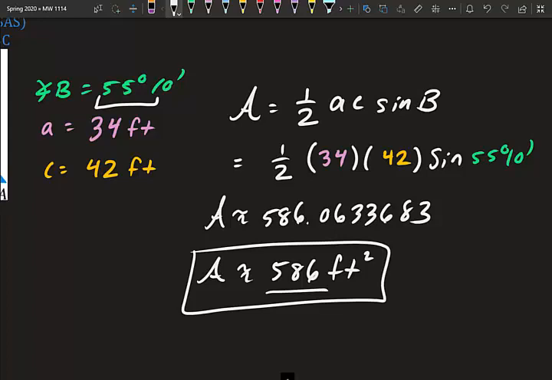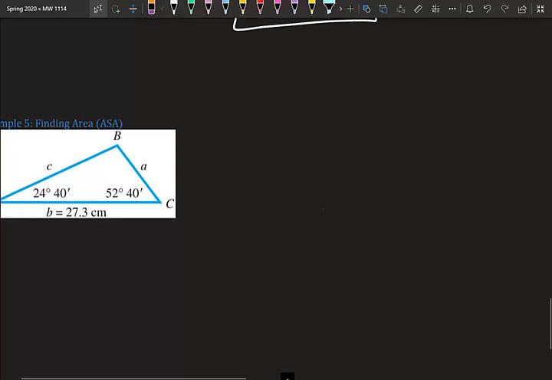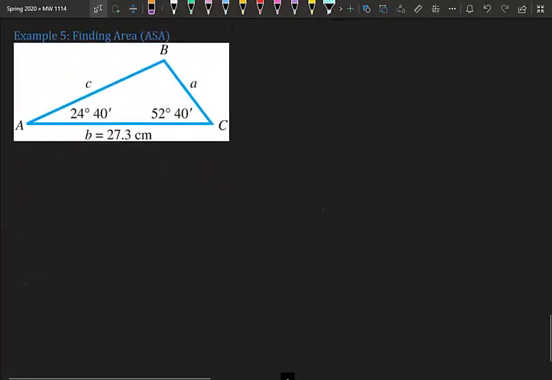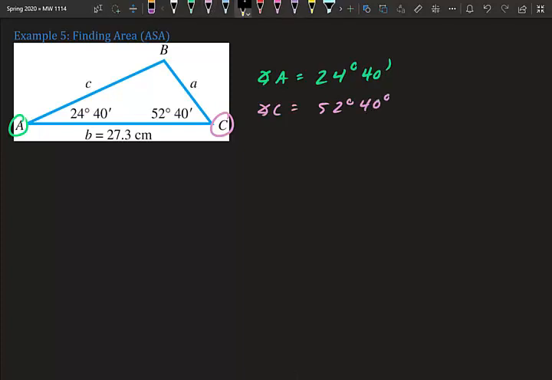Alright, last example. Alright, let's see what we're given. We're given angle A. We're given angle C. And we're given side B. Alrighty, so we need to find area.